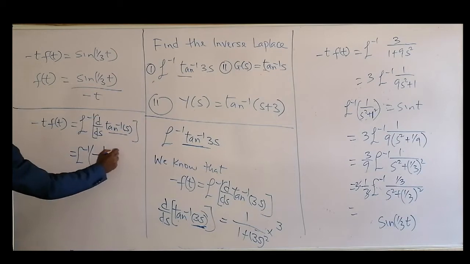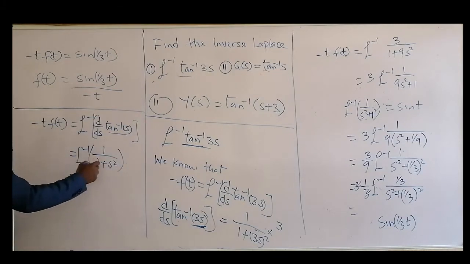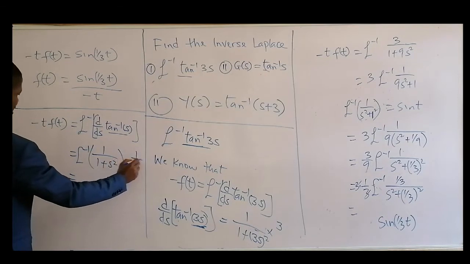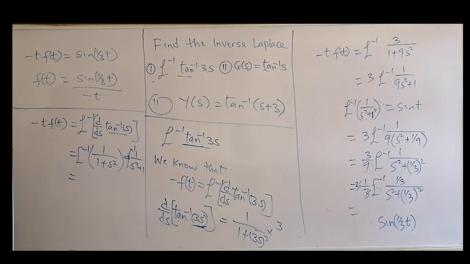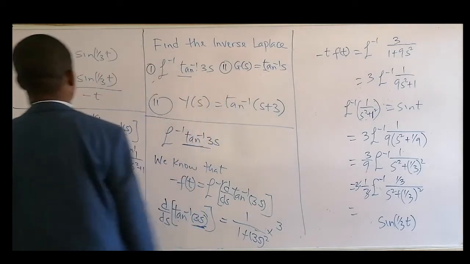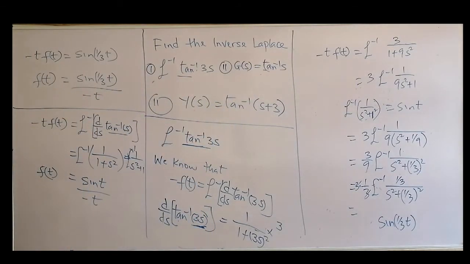You can write this as 1 over s squared plus 1, and that will be equal to sine t. So f of t is sine t over minus t. That's just the difference between this one and the first one. Let's go to the third one.